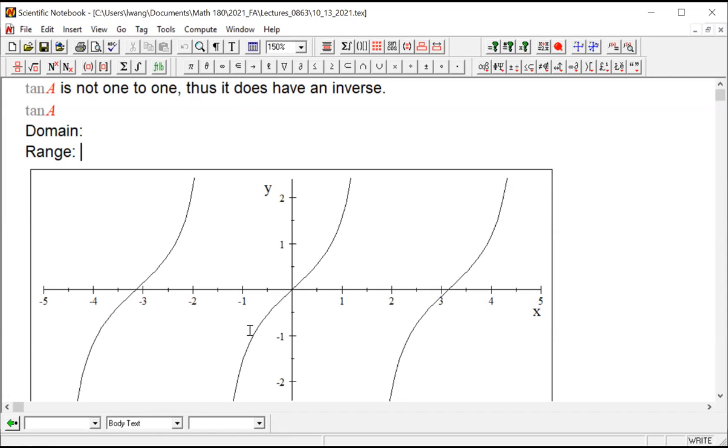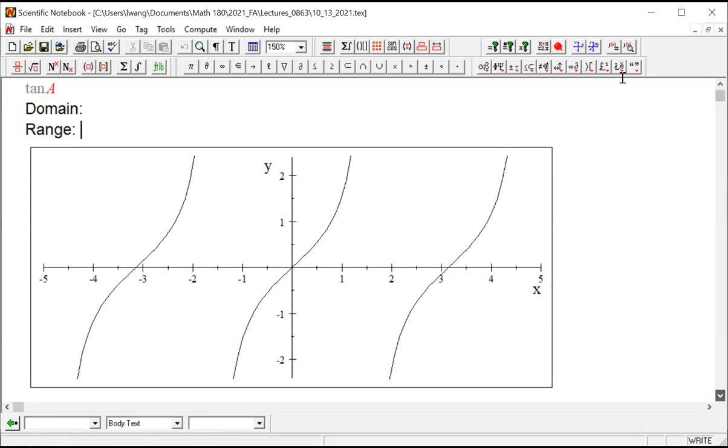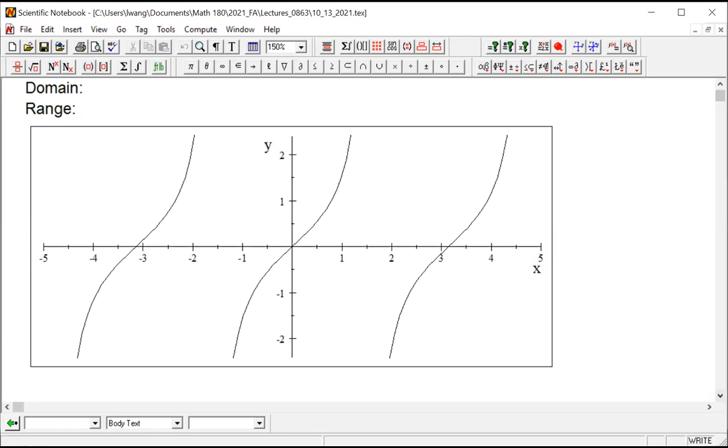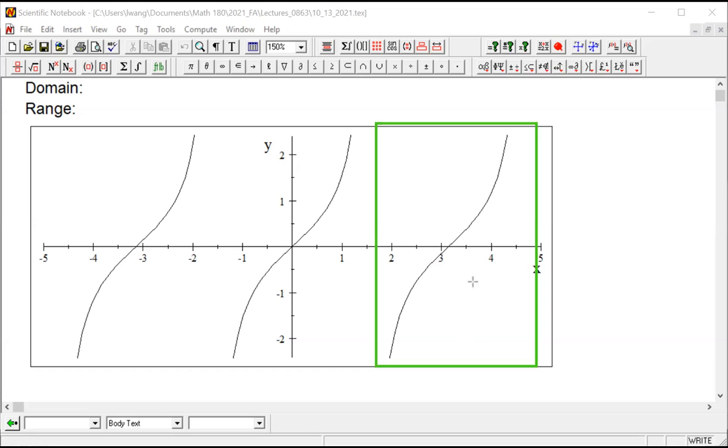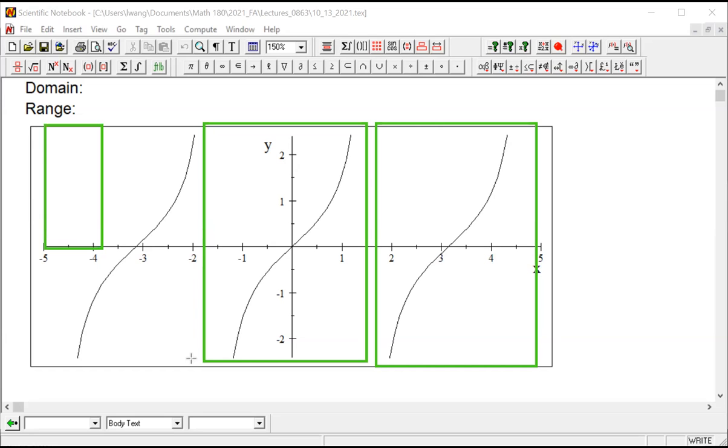Each particular slice, if you look at the slice right here, if you look at this slice alone, it's one-to-one. And if you look at this slice, it's also one-to-one.